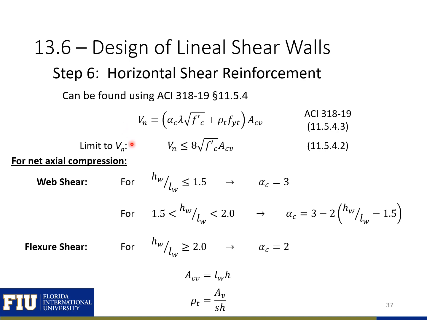So here we can determine what our aspect ratio is for our walls and determine our alpha factor, and we know our concrete strength for our wall and whether we're using lightweight or normal weight concrete. And we know the area of our wall. So we can use this equation then to determine the reinforcement ratio, or rho T, required to resist the shear applied to each wall.